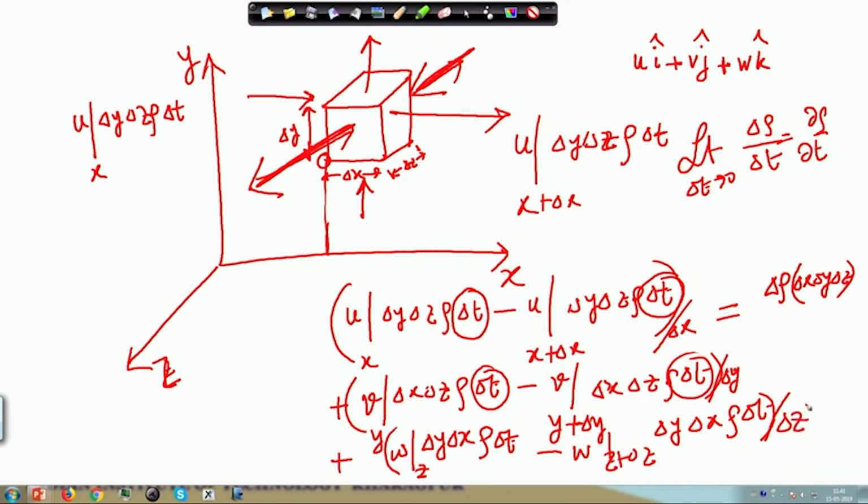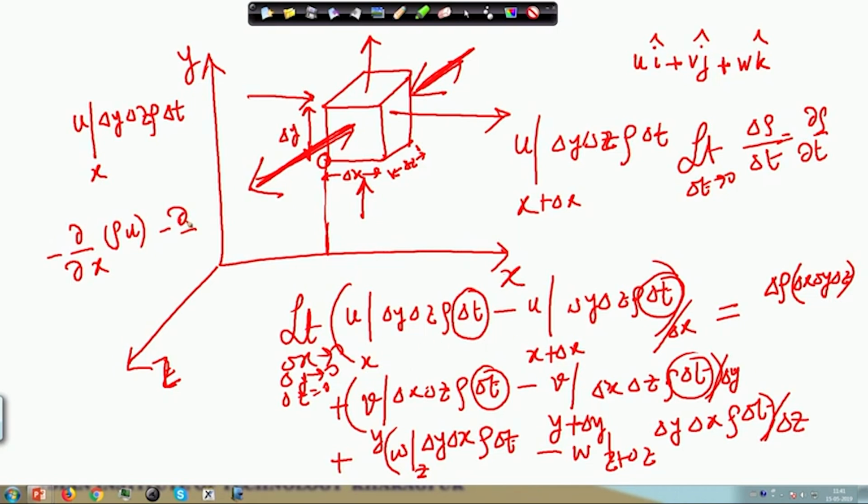Now, since this is a differential element, if you set the limit delta x tending to 0, delta y tending to 0 and delta z tending to 0, then this delta t is already gone to the right hand side. So, on the left hand side you will get minus del x of rho u, because it is u at x minus u at x plus delta x.